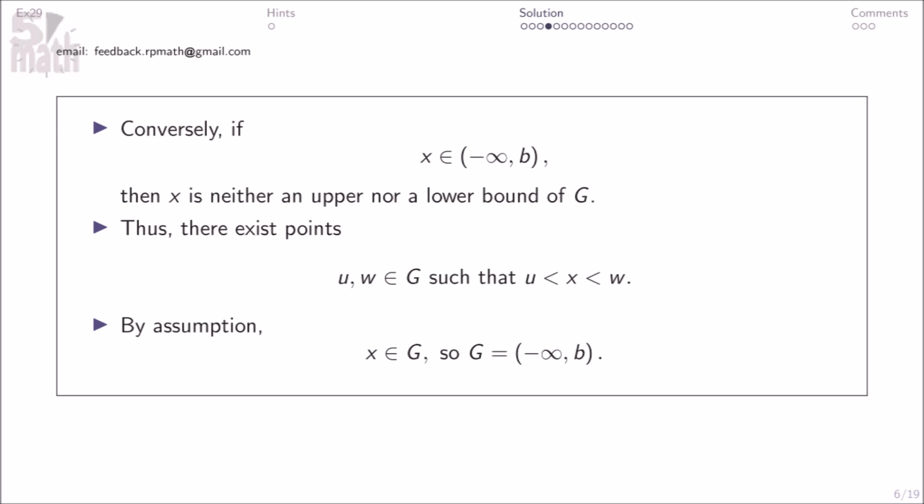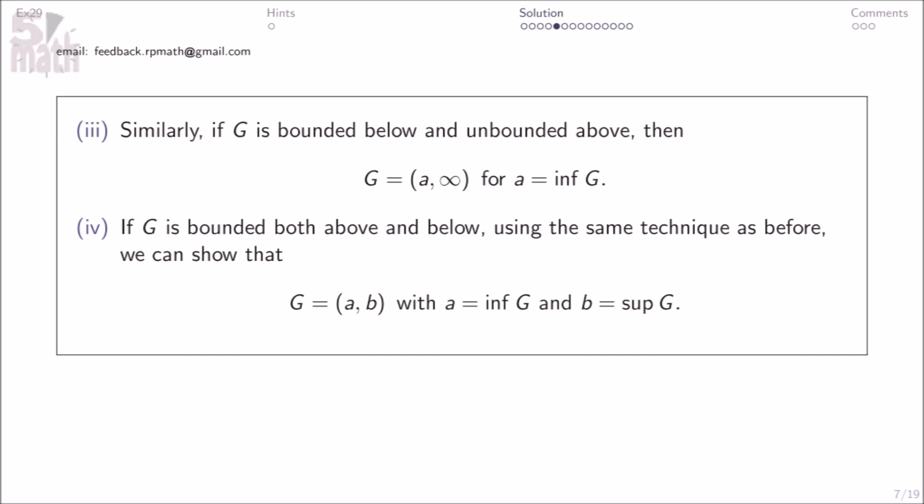Conversely, if x element of this, then x is neither an upper nor a lower bound of G. Thus there exist points u, w in G such that u less than x less than w. By assumption, x element of G, so G equals this. III.